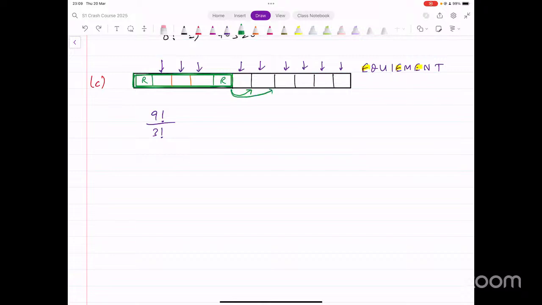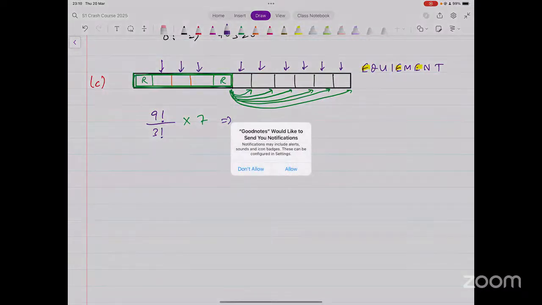It could also come here, then here, and so on. How many different possible positions do we have for that big box? Its current position, that is 1, and then 2, 3, 4, 5, 6, 7. We have 7 positions for this big box. So we multiply this with 7 for that reason. And that's going to give us the result. You can see what that is. 9 factorial over 3 factorial times 7. What do we get from this?